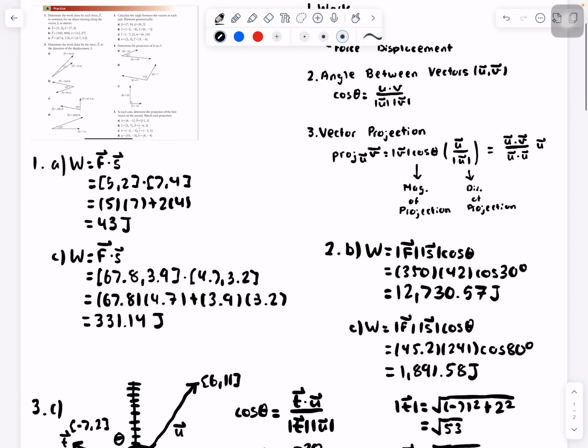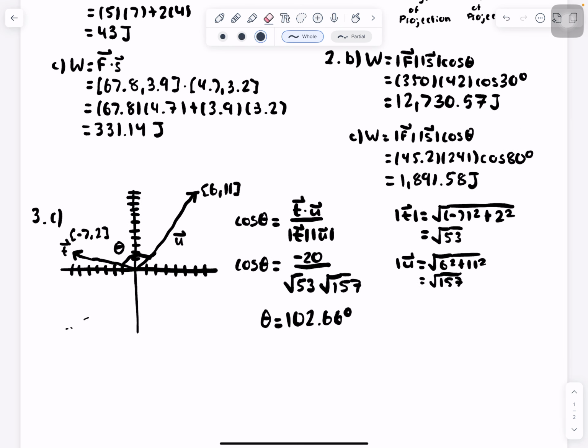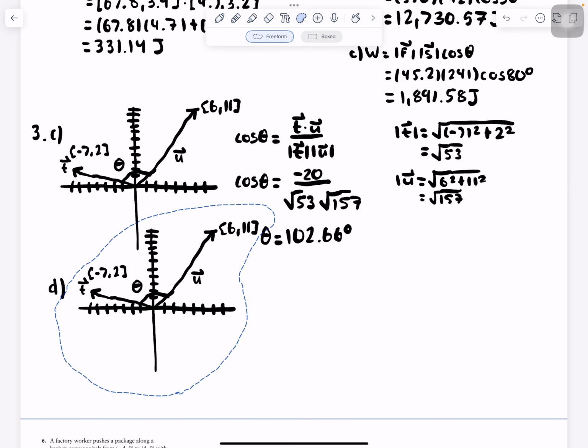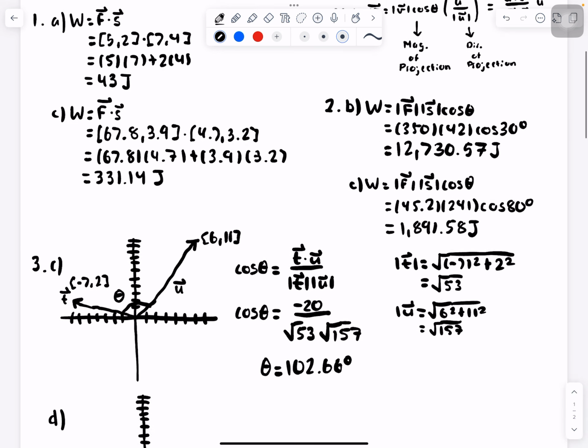Moving on. We have question D. Let's do D. Just going to copy this. Okay. So what vectors are we representing now?